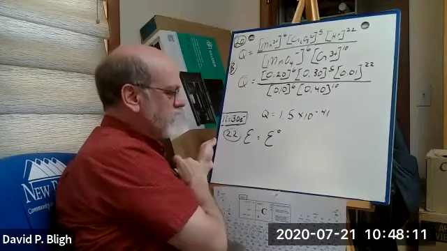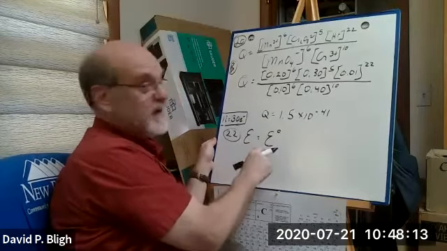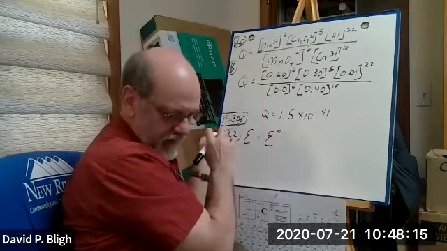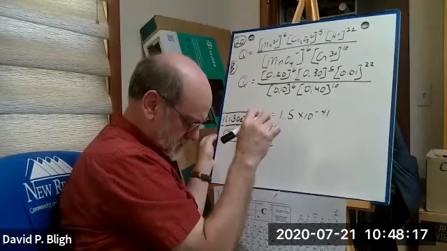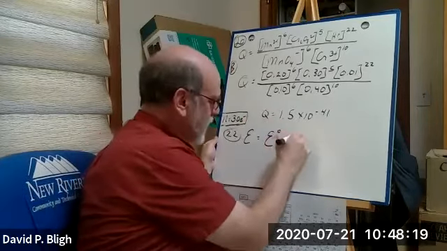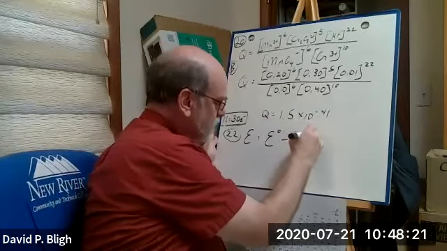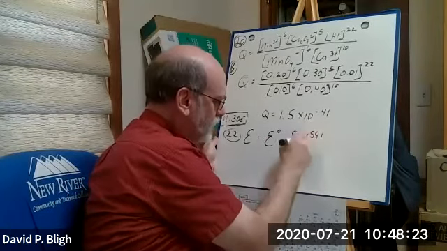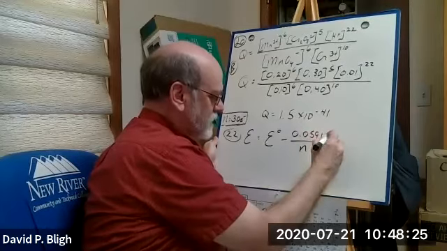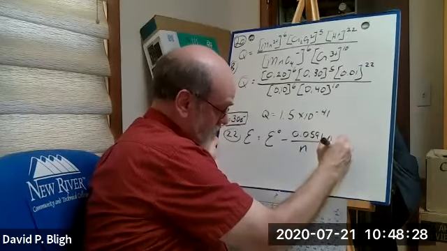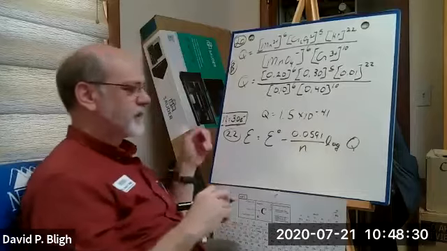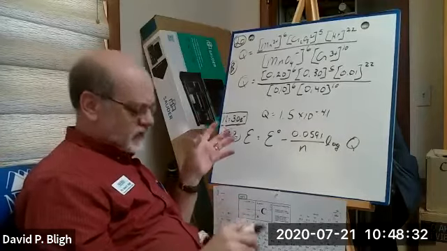We need the standard potential, which we don't have yet. And then we subtract 0.0591 over n times the log of Q. So we need the standard potential.